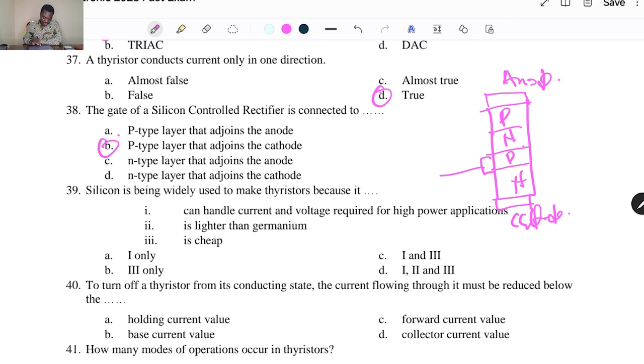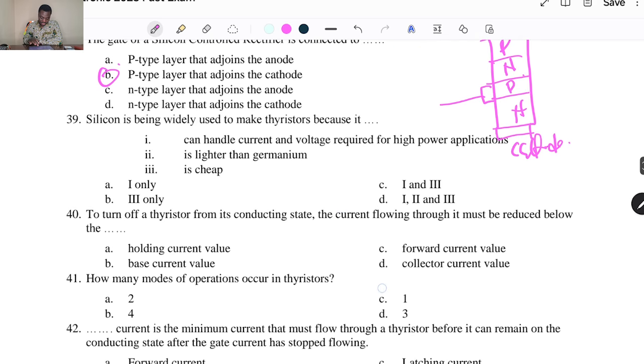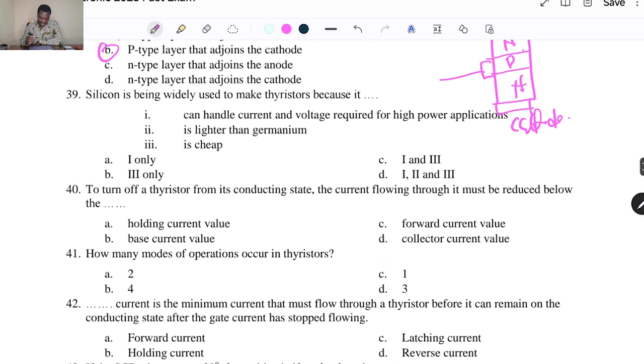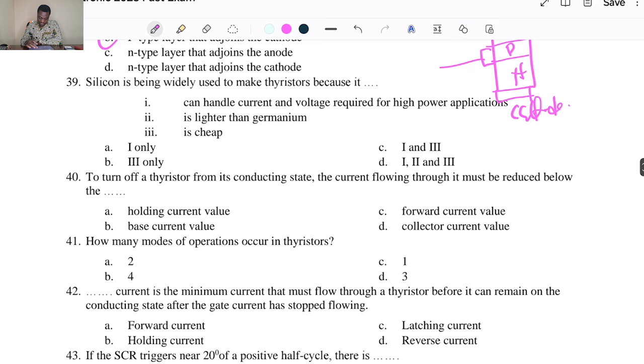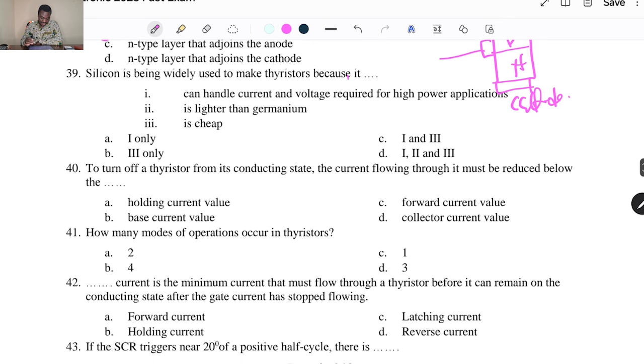Silicon is widely used to make thyristors because it can handle the current and voltage required for high power applications. It's lighter than germanium? That's not the reason. If you compare, germanium is lighter. Is it because it's cheaper?